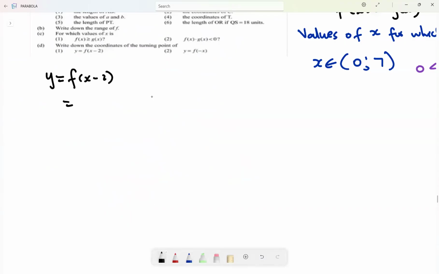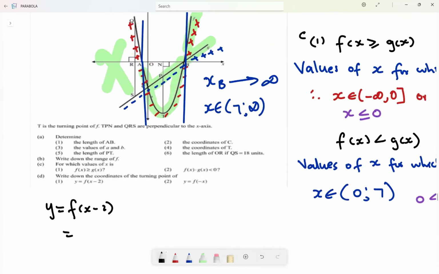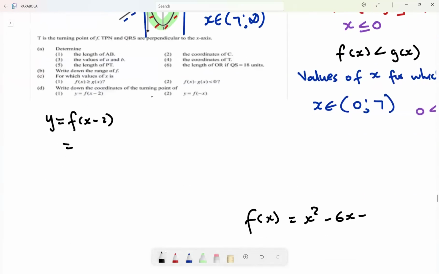Remember the original equation of f of x was x squared minus 6x minus 7. So where I see x, I need to put what? x minus 2. It means it's going to be (x minus 2) squared minus 6 into (x minus 2) minus 7. Remember, where I see x, I just substitute x minus 2.